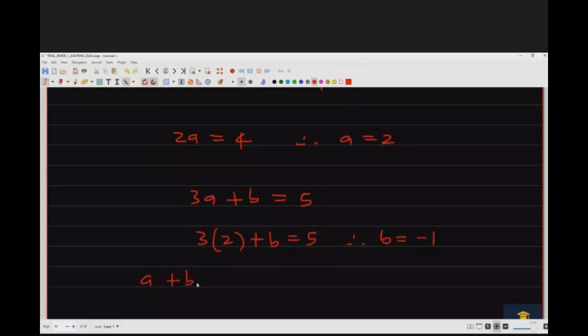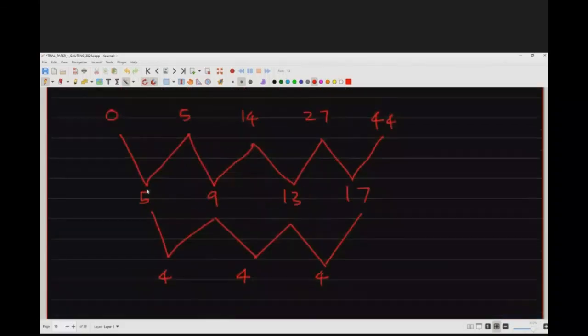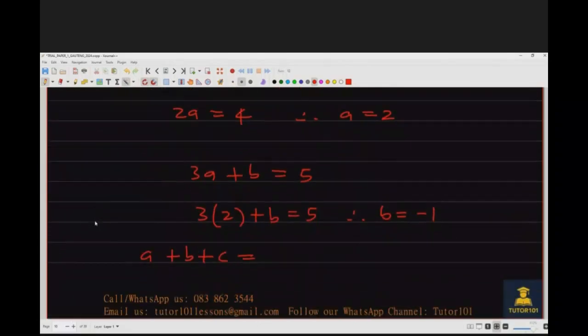And then a plus b plus c, this is equal to 0. In the place of a, we can sub in directly. So 2 minus 1 plus c is equal to 0. So therefore, our c is equal to minus 1.